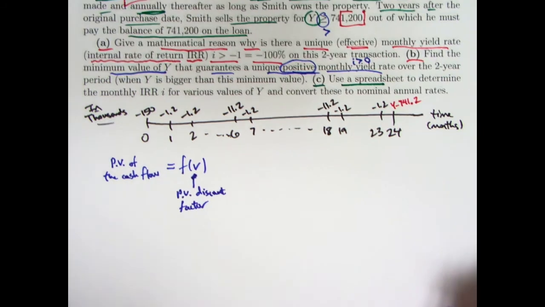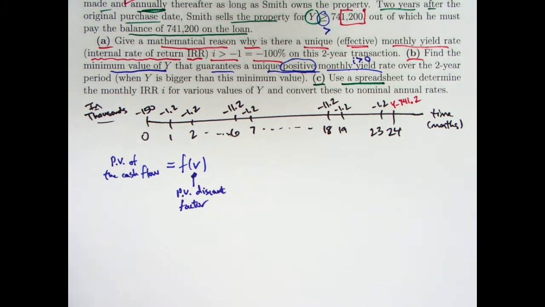What in the world is this about? Money has what's called a time value. $1,000 today is worth more than $1,000, say, 2 years from now. Or let's make it 1 year from now. Why? Well, for one thing, people are impatient. They want their money now.